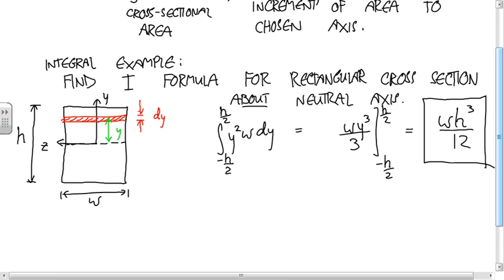Question? Yeah, I have a question about the definition of our neutral axis. The neutral axis, yeah. That's defined by the direction we're going to be bending, right? So we're assuming that we're always bending about a horizontal axis, like we have in problems.